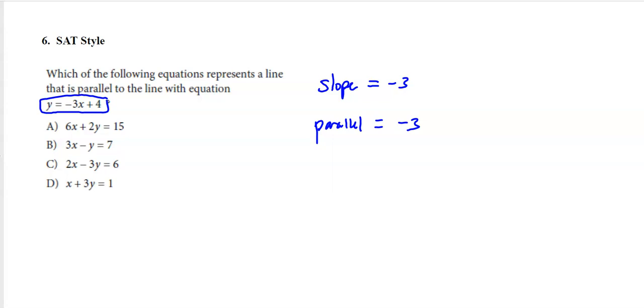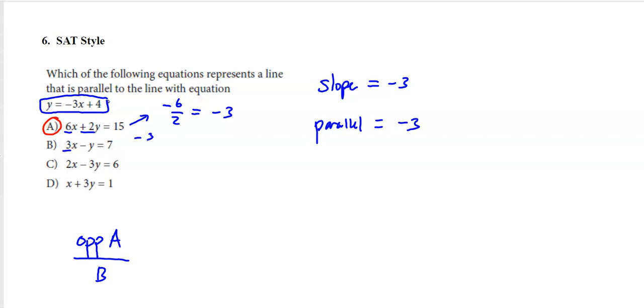So let's use that little trick that we used. Let's use the opposite A over B thing. So if I work this one out, the opposite of A over B, so he has a slope of negative 3. That's what we're looking for. I think right now that's going to be the answer, but let's just double check.